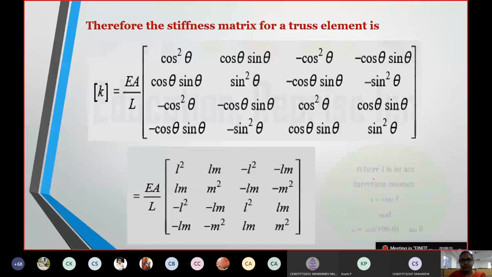Whereas L and M are the direction cosines. L is cos theta and M is cos of 90 degrees minus theta, that is your sin theta. In this way also you can remember the stiffness matrix for a truss element.